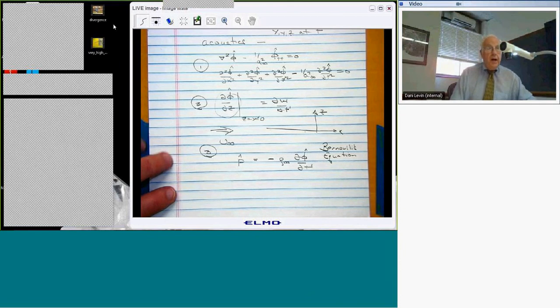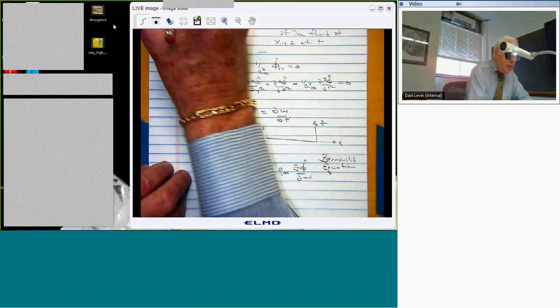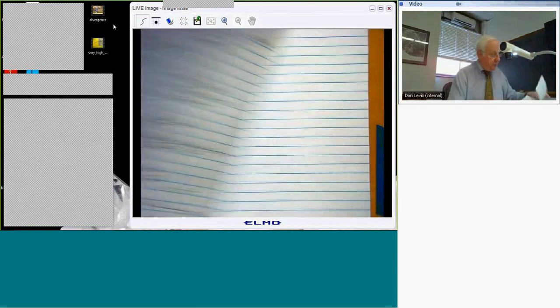Because I'm now going to use x, y, z, and t for the vehicle fixed coordinate system, and that's the coordinate system I want to be in. And when I get there, I don't have to be carrying along all those primes. But I do want to distinguish between the fluid fixed coordinate system and what is usually called the body or the vehicle fixed coordinate system. Okay, so that's page 1.